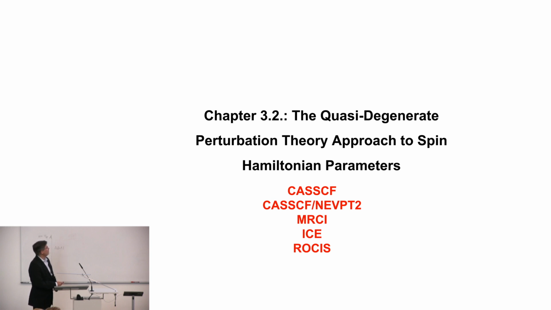And then we approach magnetic properties in an entirely different way, and that is called quasi-degenerate perturbation theory. And that is used in conjunction with all of the multi-reference methods that we have in ORCA. And I briefly explain that to you now.